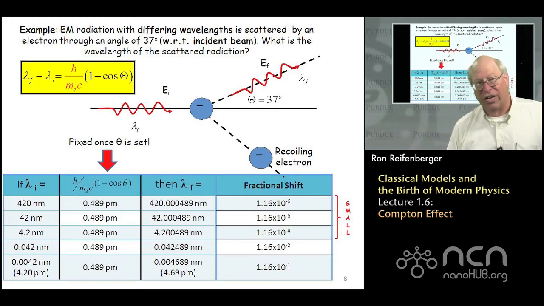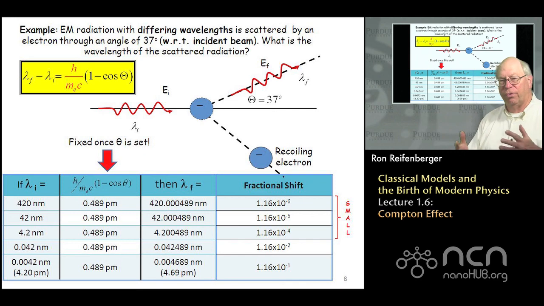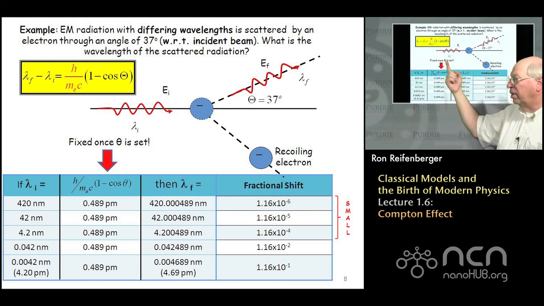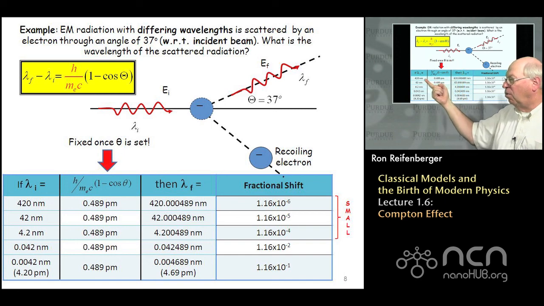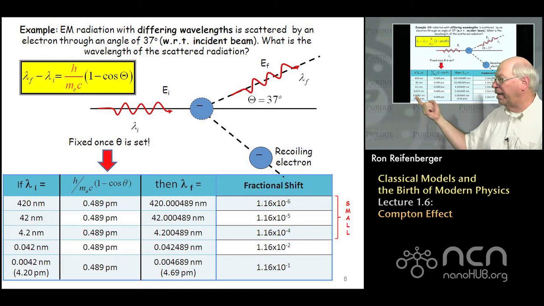As an example, I just worked through some numbers here to give you some feeling for what's actually happening. I like to consider the case where the incident wavelength spans a range of different values, right? So here I've got incident wavelengths of 420 nanometers, which is in the blue region of the electromagnetic spectrum, all the way down into the X-ray region, where the wavelength is 0.004 nanometers.